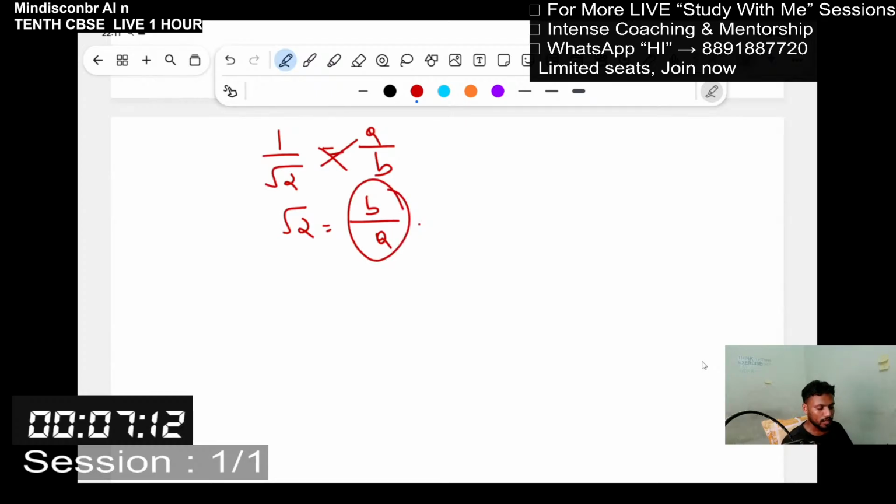Therefore, since b by a is a rational number, root 2 is also a rational number. But this contradicts the fact that root 2 is irrational. This contradiction occurs due to our wrong assumption that 1 by root 2 is rational. So our assumption is wrong. Therefore 1 by root 2 is irrational.